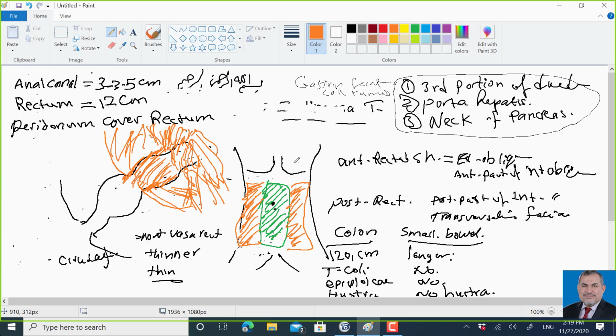On both sides, left and right, nearly paracolic, are the lateral retroperitoneal areas, area number 2. And in the pelvis, area number 4.